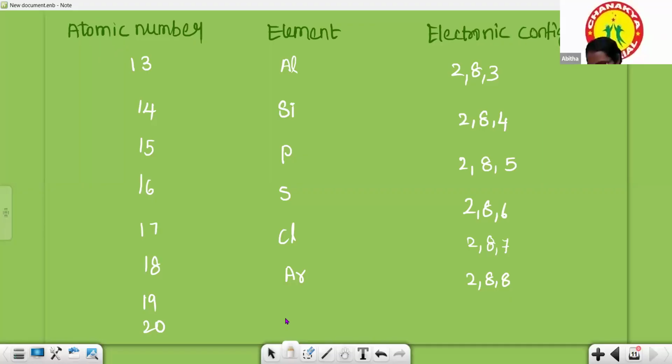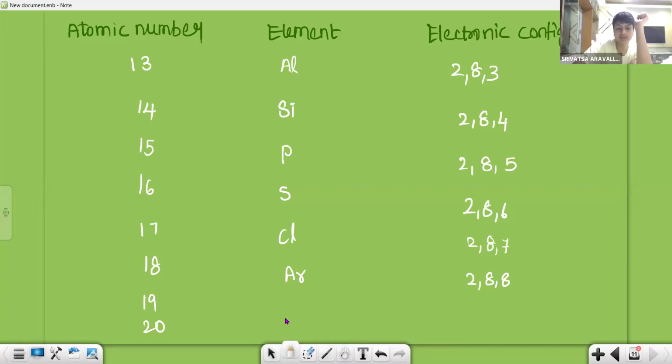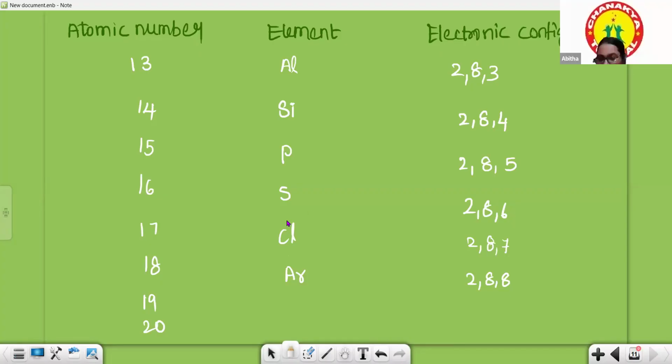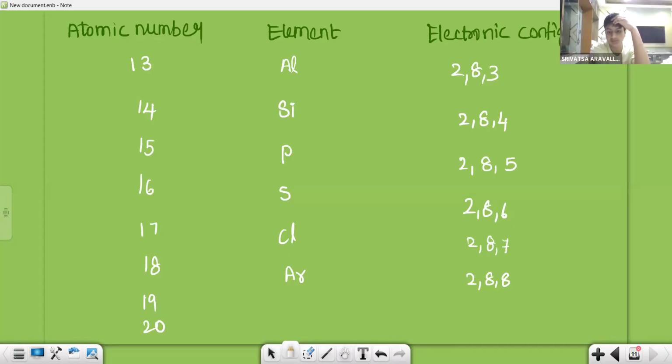19. Atomic number 19 is... I'll read from number one, then I might get it.